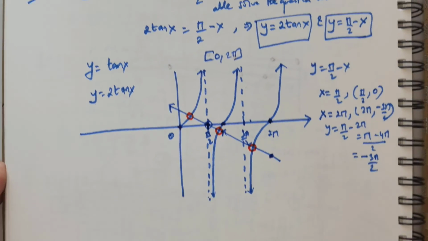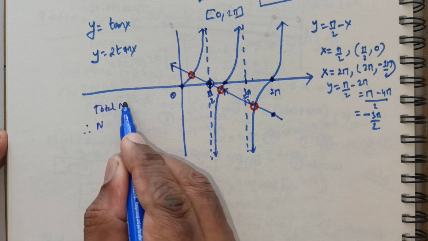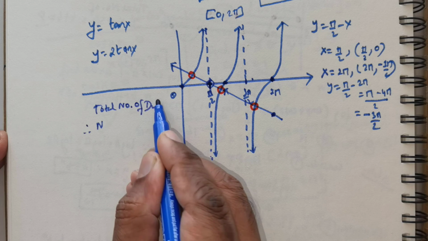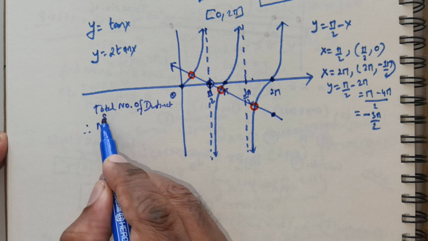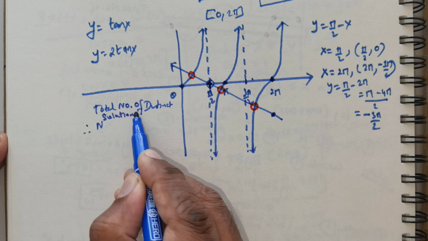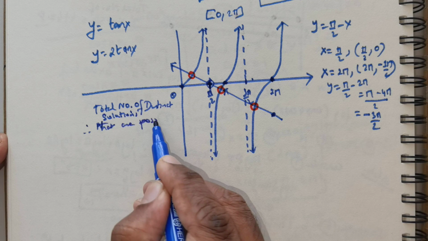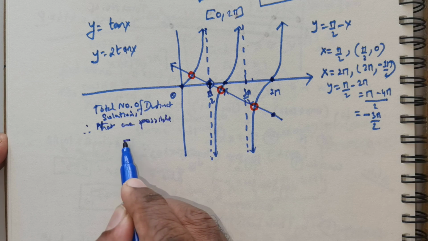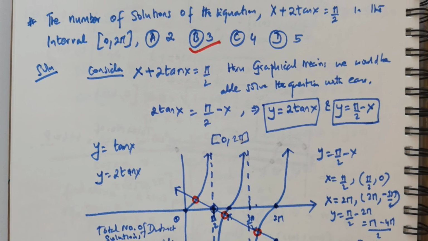Therefore, the total number of distinct solutions that are possible is equal to 3. So that is the end of this particular question, and thank you.